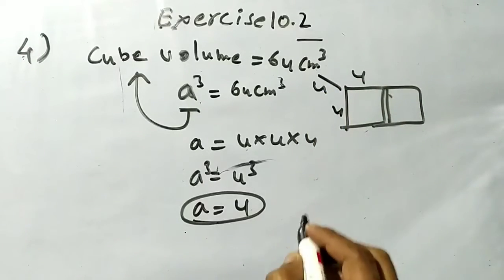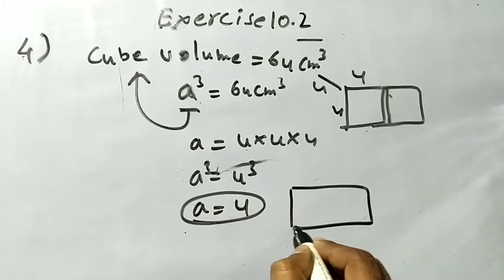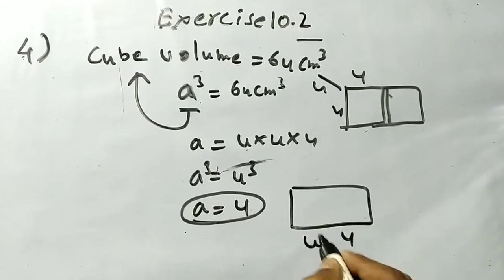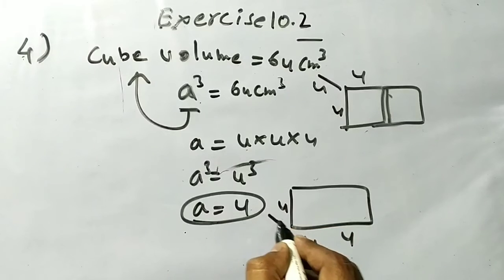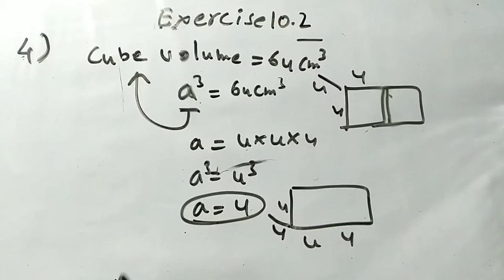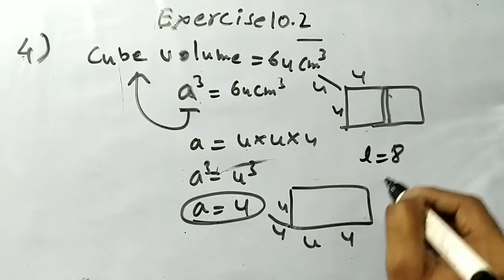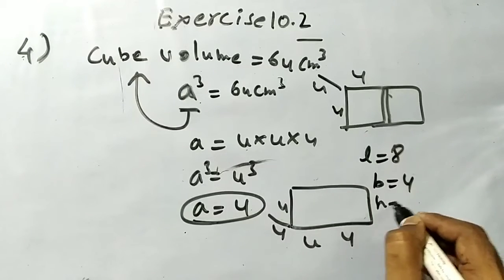If you find here, 4 plus 4 and here the 4. This is also 4. You will get L is equal to 8 and B is equal to 4 and H is equal to 4.